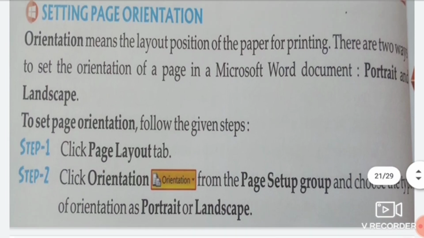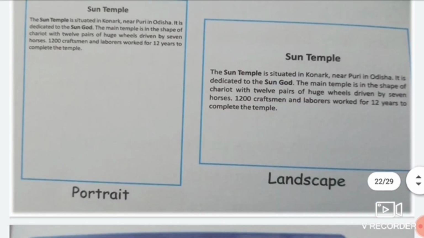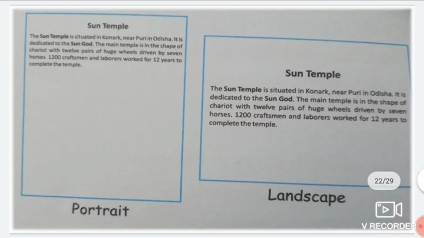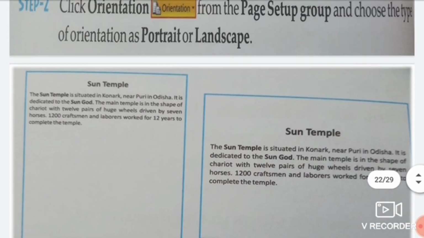In the portrait style, as you see in the picture, the length is more and the width is less. In the landscape style, the width is more and the length is less. So you can set your page according to orientation, portrait or landscape. By default, your page appears in portrait style.